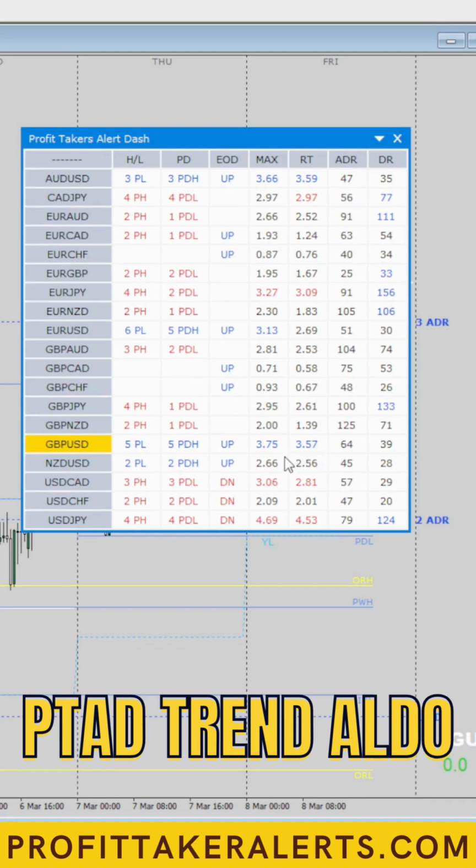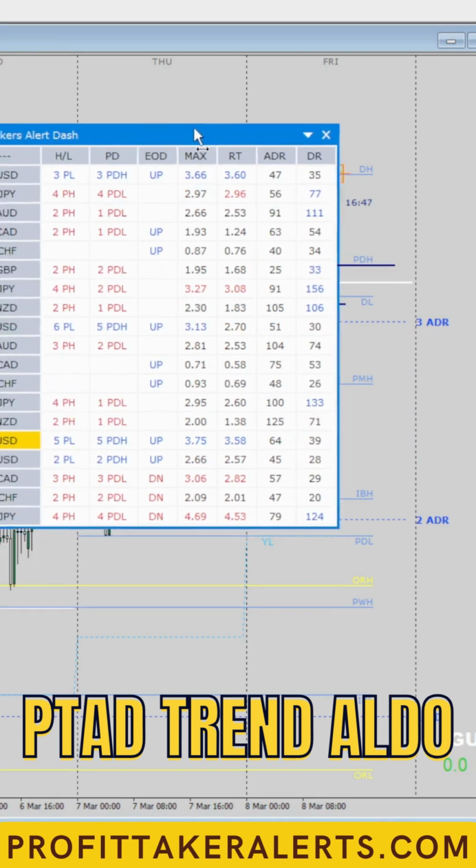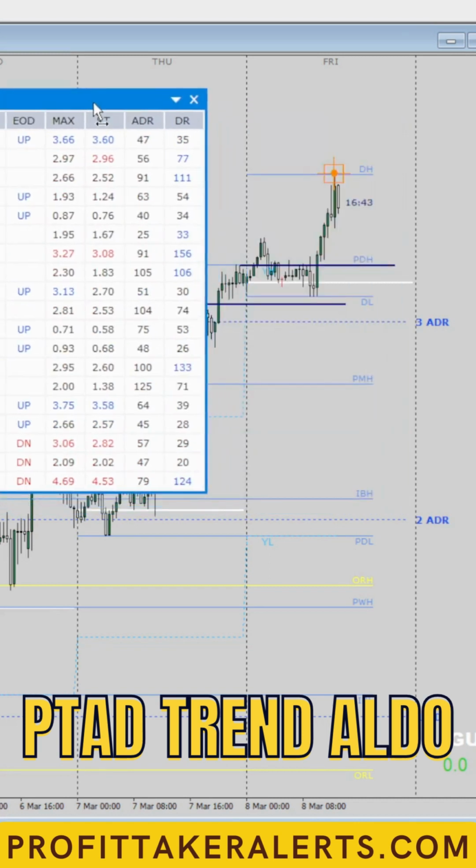It's tracing back, because you see the allotted ADR is 3.75, and it's starting to reduce to 3.58. So once it clears this ADR, guys, that's when we'll see the official trend change on the dashboard, and it will update in real time.